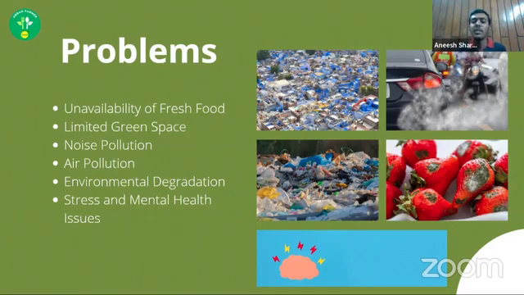The next problem that we are currently having in our country is environmental degradation. As you know, India has become the most populated country in the world, surpassing China. That's a reason why we are having this environmental degradation problem, because of the expansion of cities and construction of new cities.